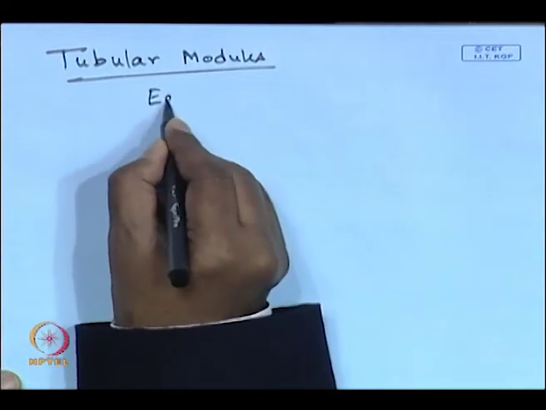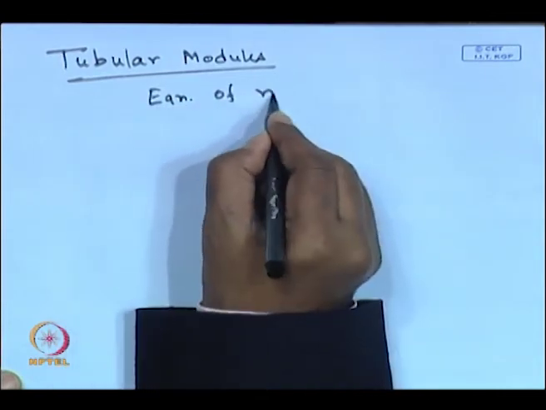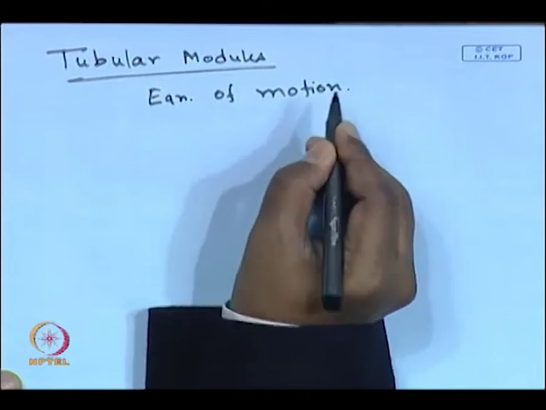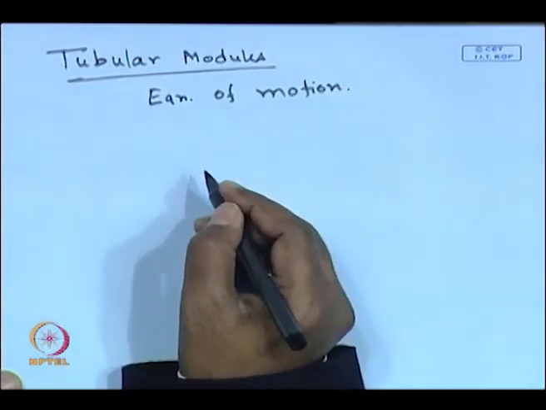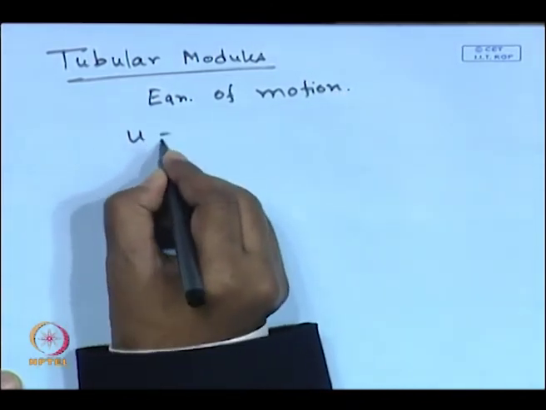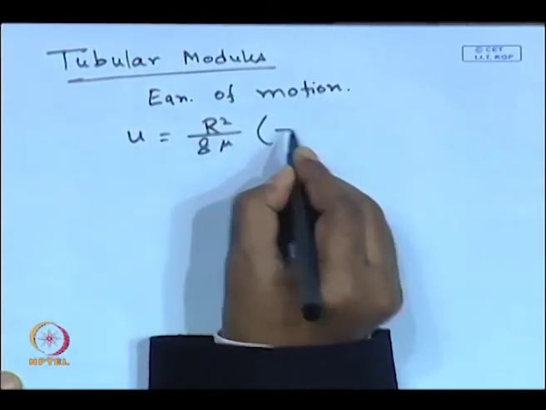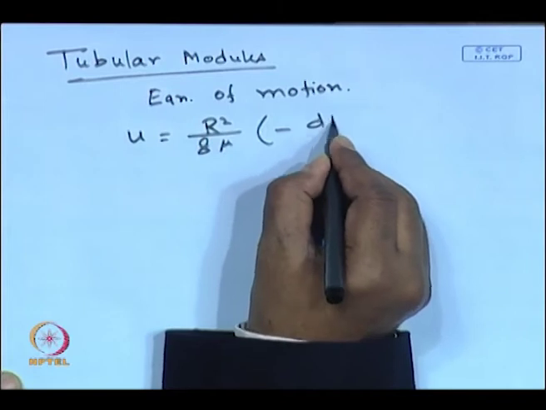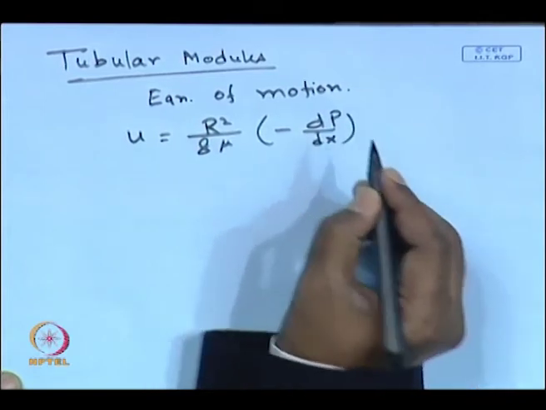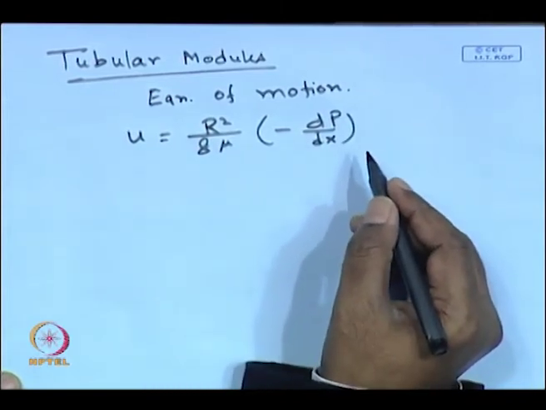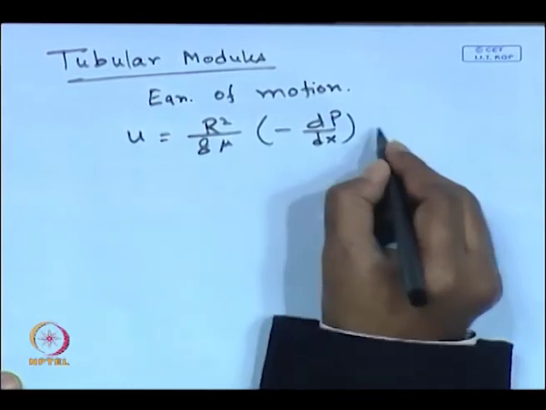Equation of motion or Navier-Stokes equation will give you the expression of q or u. What is that? The u becomes r square by 8 mu divided by minus dp/dx, and we have already seen dp/dx is nothing but d delta p/dx, the transmembrane pressure drop.